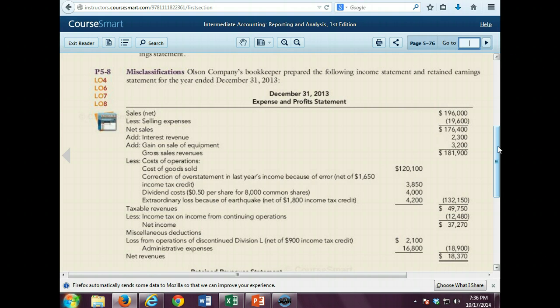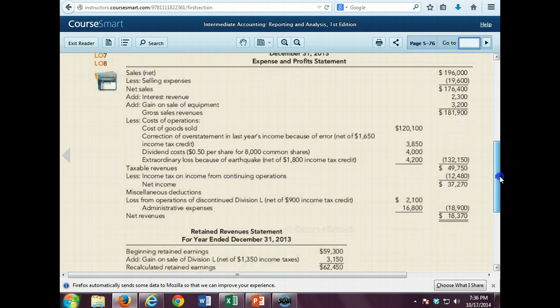Then we have add interest revenue, add gain on sale of equipment, add gross sales revenues. I think they need a fire. Then they have less cost of operations, cost of goods sold, correction of overstatement in last year's income, dividend costs, extraordinary loss, taxable revenues, oh my gosh.